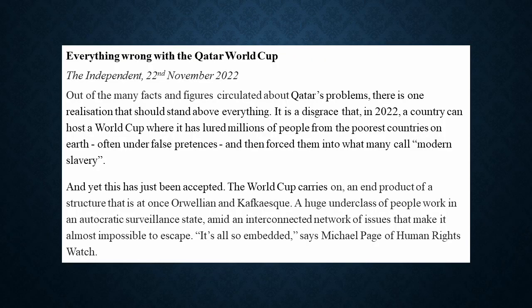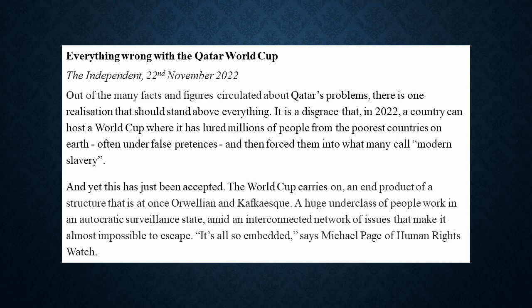The article reads, "Out of the many facts and figures circulated about Qatar's problems, there is one realisation that should stand above everything. It is a disgrace that in 2022 a country can host a World Cup where it has lured millions of people from the poorest countries on earth, often under false pretences, and then forced them into what many call modern slavery.